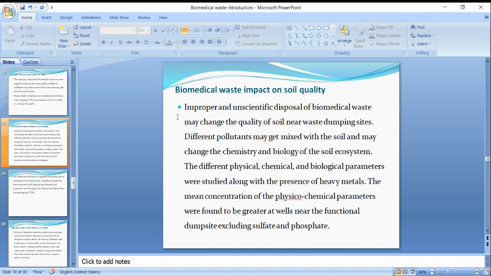By mixing this biomedical waste, we have to study it along with the presence of heavy metals.